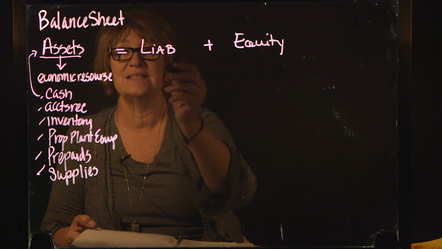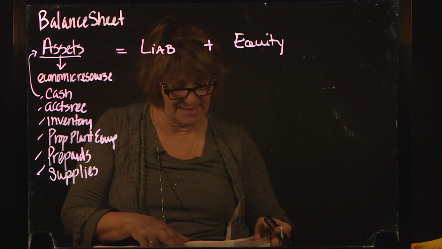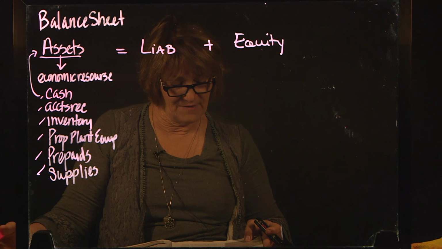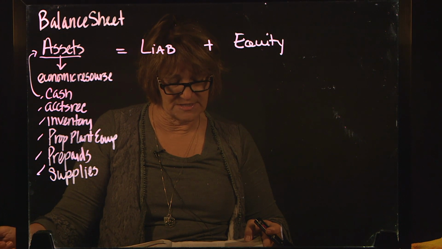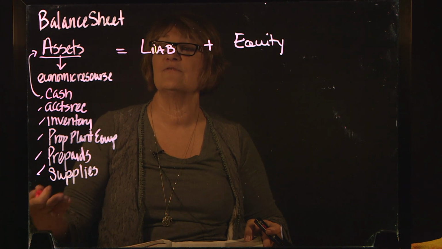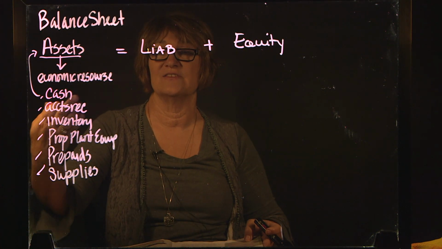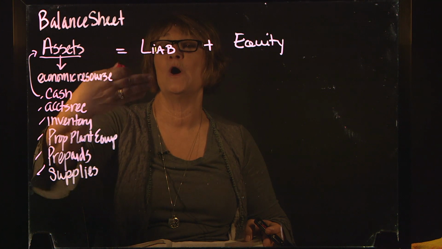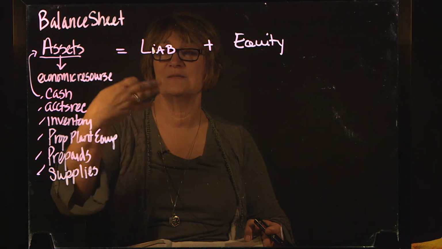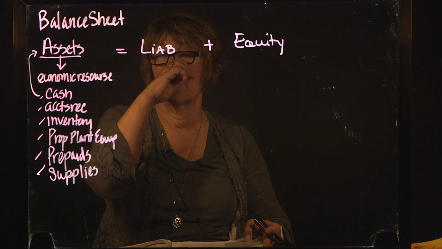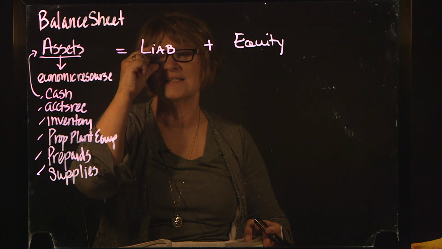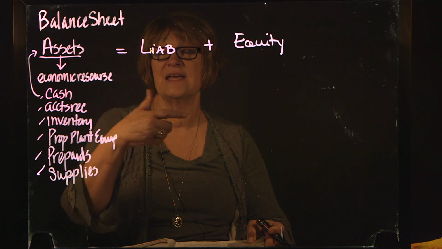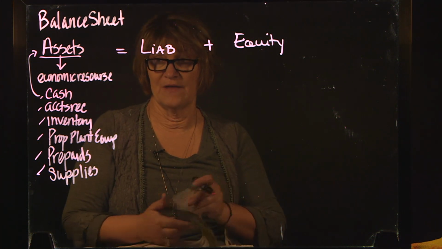So when we take a look at what a liability is, it's an obligation of a business that results in some sacrifice of assets. In other words, in layman's terms, it's money the company owes to someone, whether it be a bank, a supplier, employees, or the government. It's money that's owed to others.